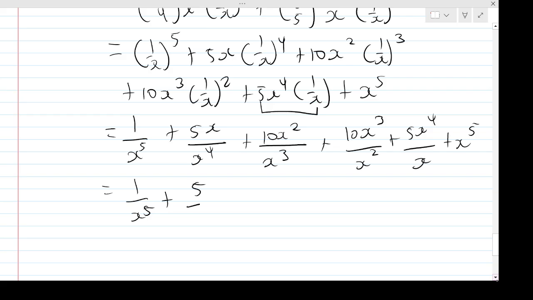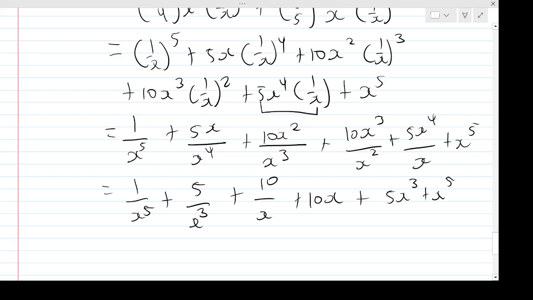Or we just say 5 over x cubed there. Then we have 10x squared over x cubed. That'll just be 10 over x, because x squared and x cubed gives me 1 over x. Then we have 10x cubed over x squared, so that's just 10x there. Then we have 5x to the 4 over x, that's 5x cubed, because 4 take away 1 there, obviously gives you 3. And then lastly we just got the x to the 5.